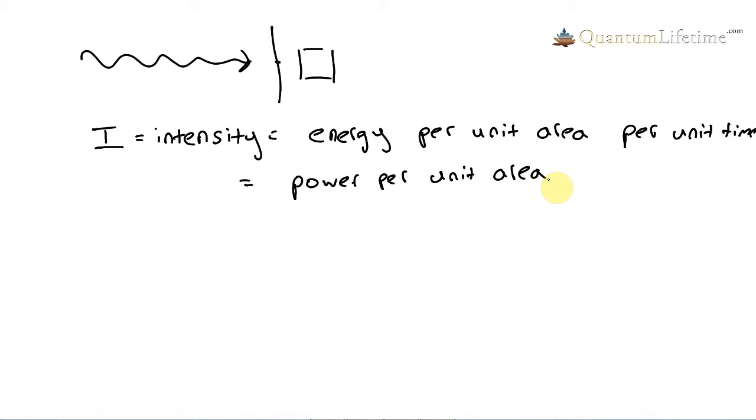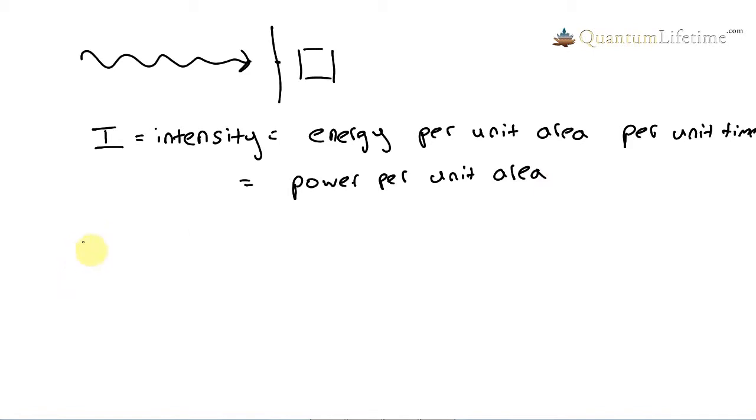So intensity is a measure of the energy per unit area, per unit time, that a light wave could transfer to a surface, or a measure of the energy that's passing through a unit area enveloped in that light wave per unit time.